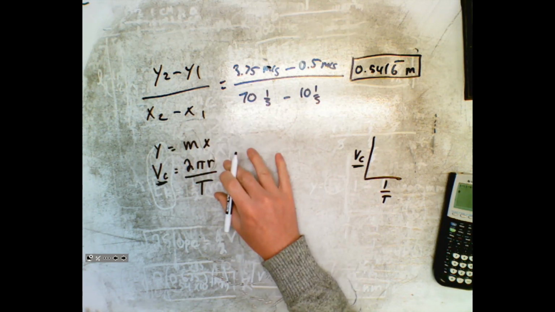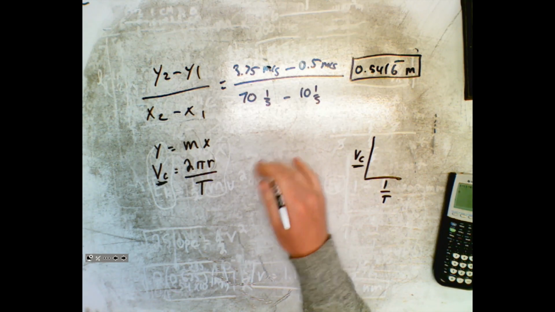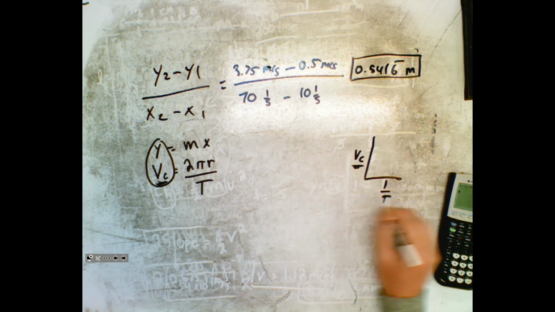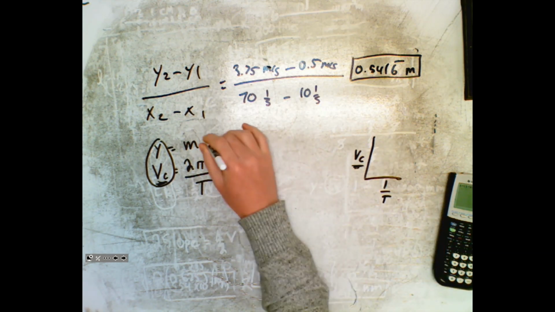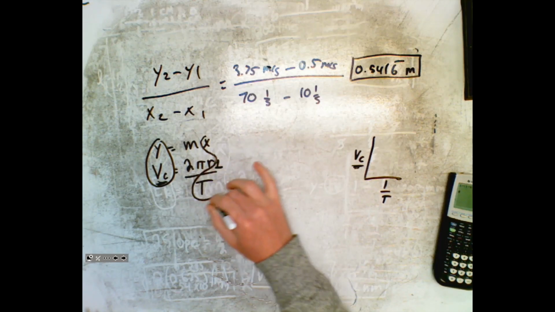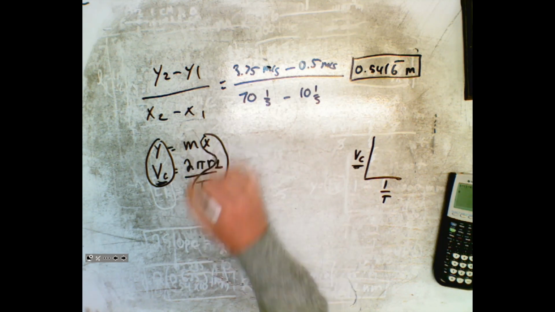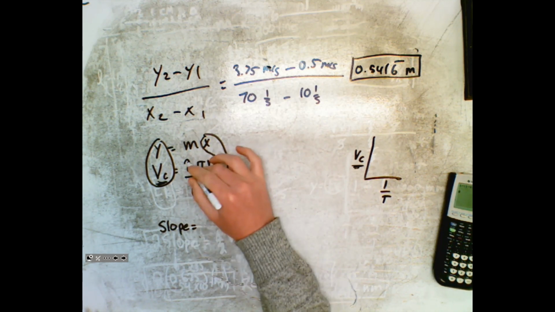And there's nothing added onto it, so it's just a y equals mx. Okay, so now our y value is VC. Our x value is 1 over t, and I can add a 1 here. Adding a 1 anywhere doesn't change it. So x equals 1 over t. So my slope is equal to anything that I didn't circle. So my slope is equal to 2 pi r.